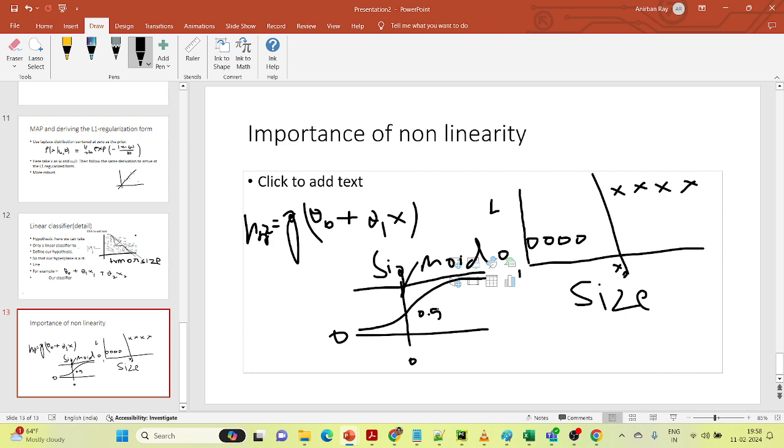So the function equation is 1 plus e to the power h theta x. Okay, just wait a minute. This is not the sigmoid function, so let me write it clearly.